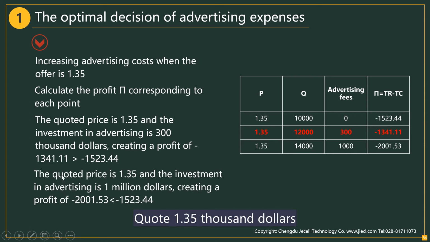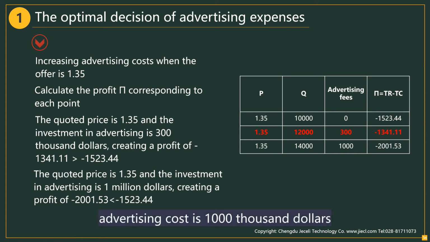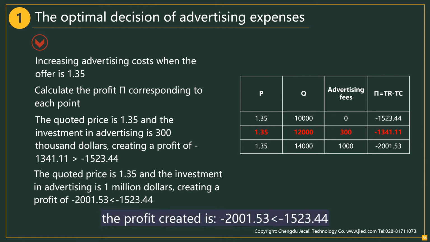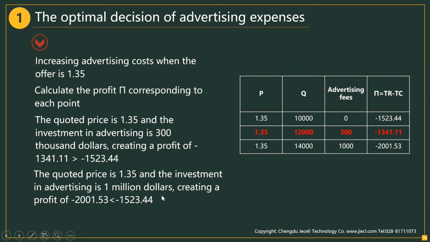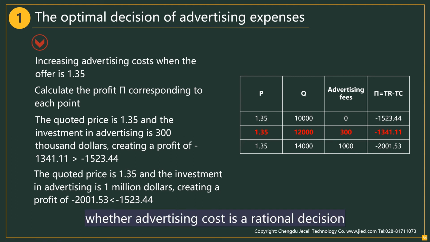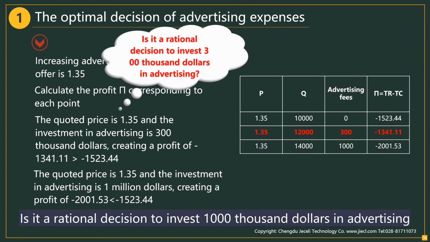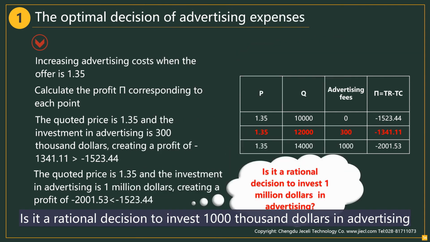Quote $1,350,000, advertising cost $1,000 thousand: the profit created is minus $2,001.53 thousand, which is less than minus $1,523.44. So, at this time, you need to think about whether investing $300,000 in advertising is a rational decision. Is it a rational decision to invest $1,000 thousand in advertising?